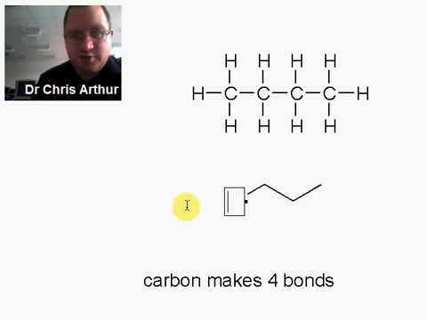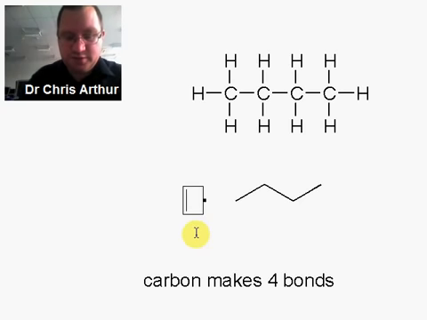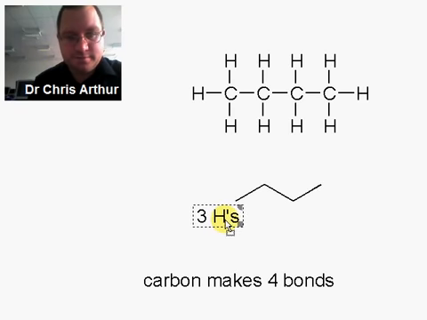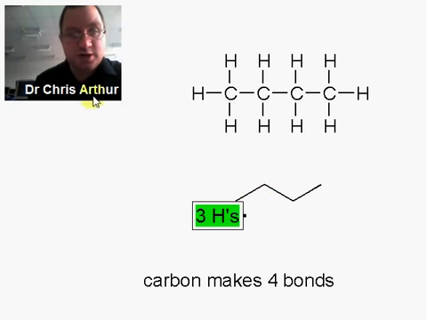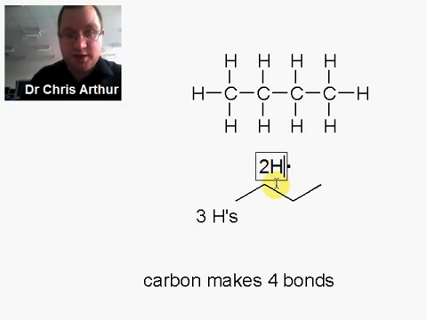That means we've got 3 bonds that aren't shown, and on those 3 bonds we have 3 hydrogens. Likewise, this position here, we have 2 bonds drawn to it, 1, 2. Carbon makes 4 bonds, so that means we have 2 hydrogens on that position. Here, we've got carbon with 2 bonds drawn to it. That means this position here has 2 hydrogens.